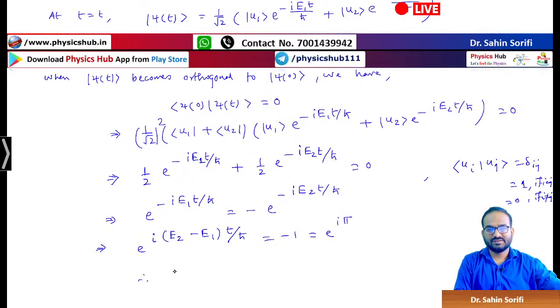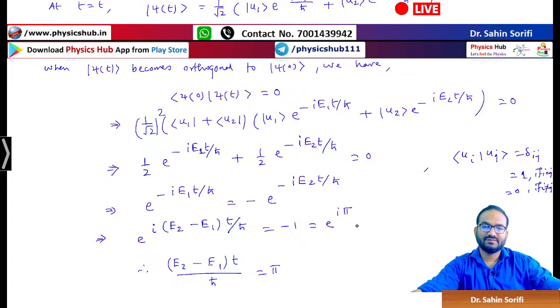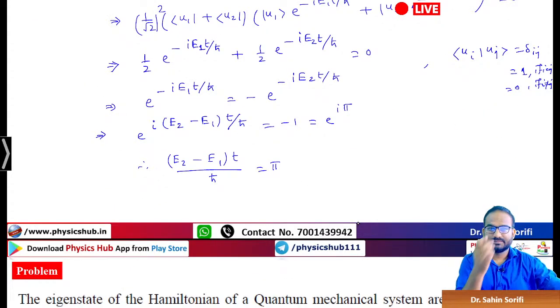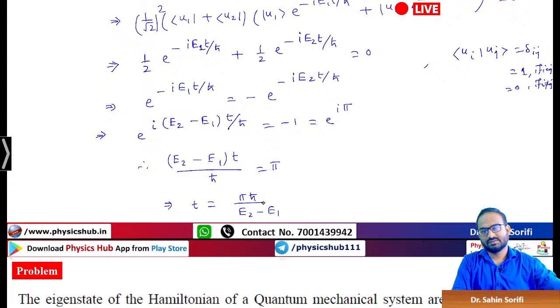So if you equate this, you will get (E2 minus E1) times t by h cut is equal to pi, and hence we get the value of t to be pi h cut by (E2 minus E1), where E2 is greater than E1.